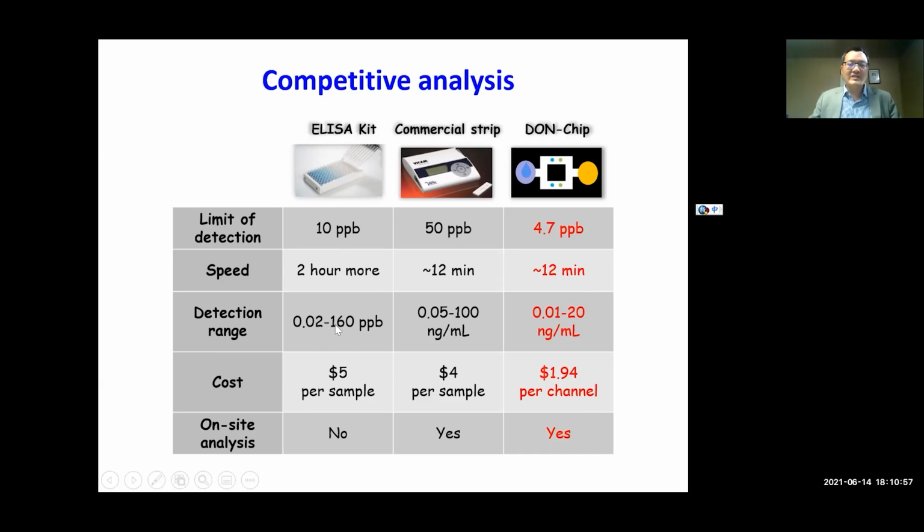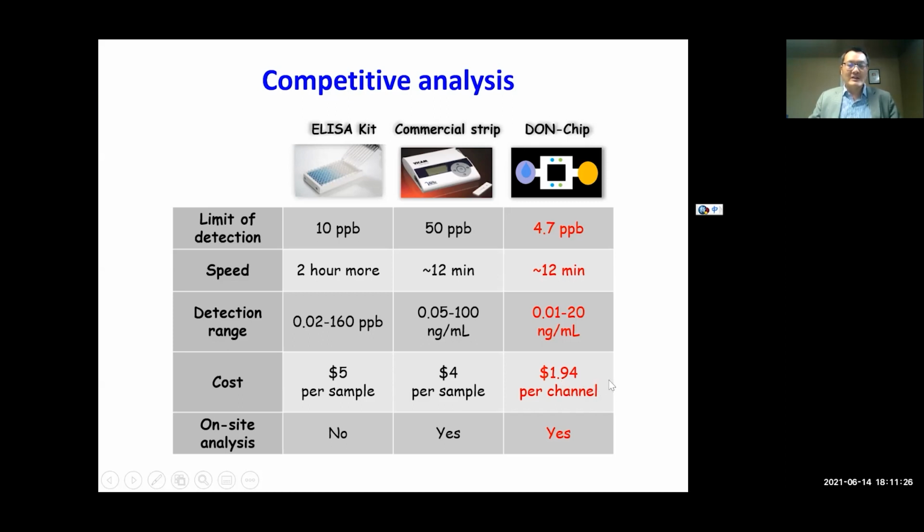For detection range, the ELISA is 0.02 to 150 ppb, the commercial strip is 0.05 to 100 nanogram per ml, and our DON chip is 0.01 to 20 nanogram per ml. For cost, ELISA is at least $5, the commercial strip is, for example, $4, and the DON chip is $0.194 per channel.